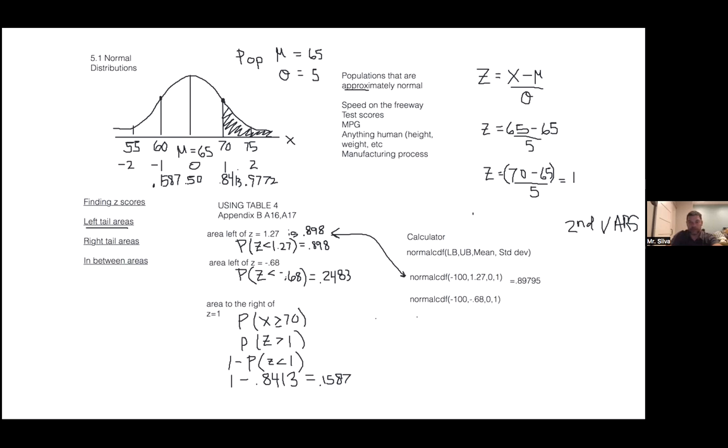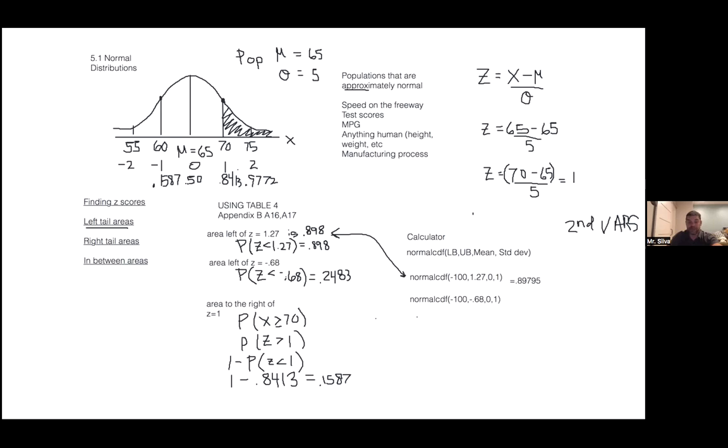We should get 0.2483 or something close to that. What if you put negative 1,000 instead of negative 100? You'll get the same answer. What if you put negative 10? These are all z-scores. What if you put negative 1, comma, negative 1.68? That'll give you a sliver of area in between these two numbers.